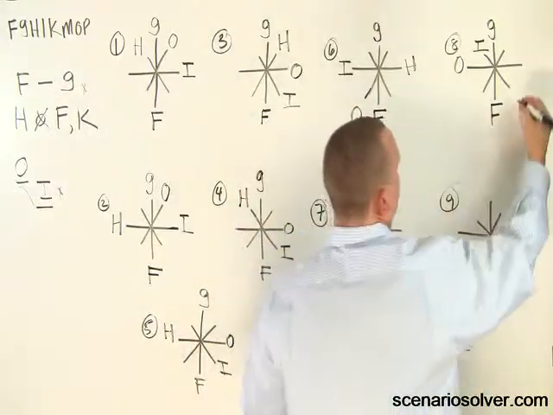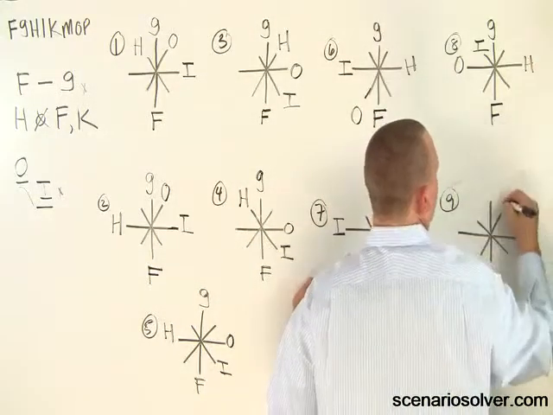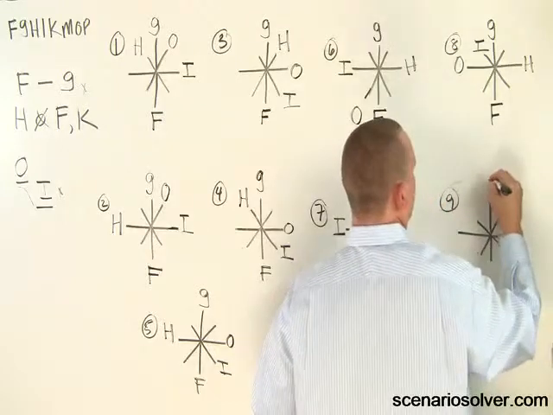And then last one, H can do 2 things here. H can go here, and H can go right there.